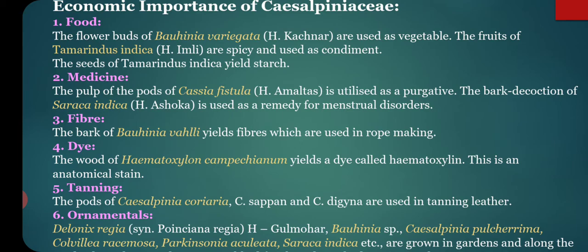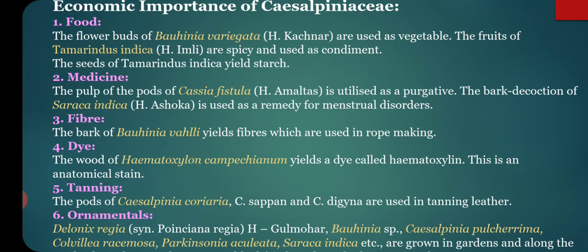That process is called tanning. Normally for tannin, eucalyptus is used and also pinus, some extracts from the gymnosperm pinus are also used for this tanning. But here the pods of some Caesalpinia species are also used for this tanning purpose.